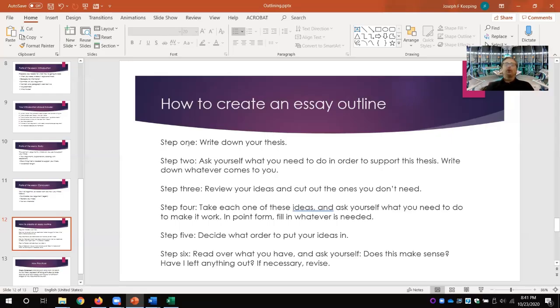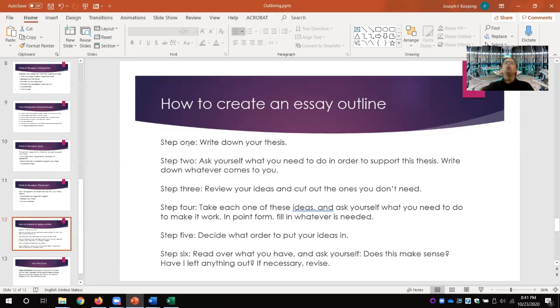Sometimes you're going to want to go from simple to complex, and sometimes you're going to want to go from complex to simple. The way you go from complex to simple is you will take a complicated point and then you will unpack it into a series of smaller points. Sometimes you will start off with the simpler points and you will build the more complex points on top of them.